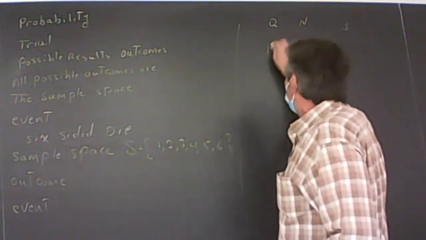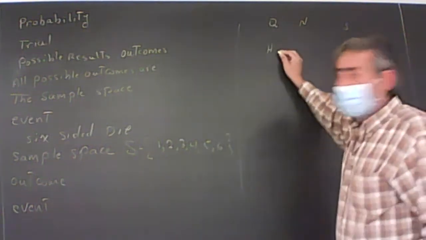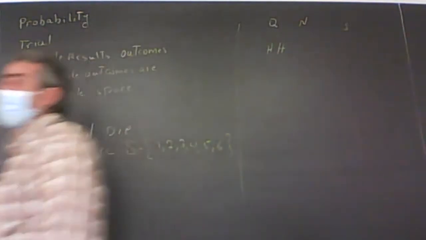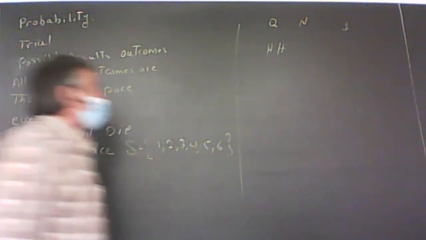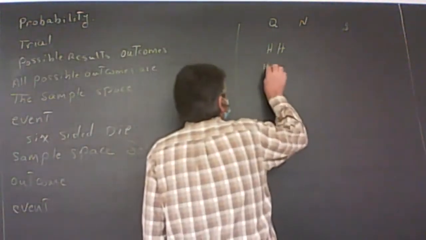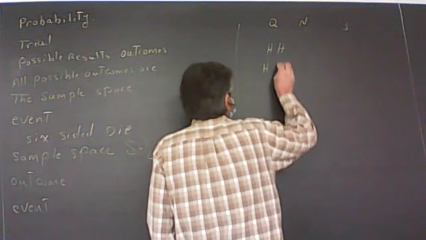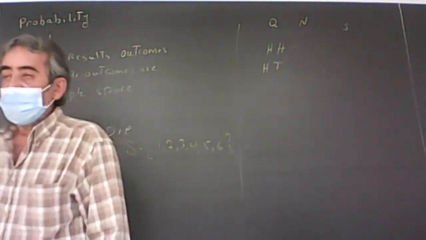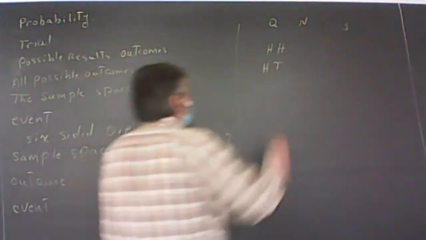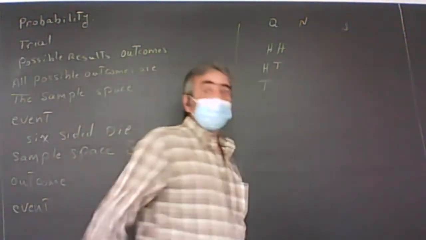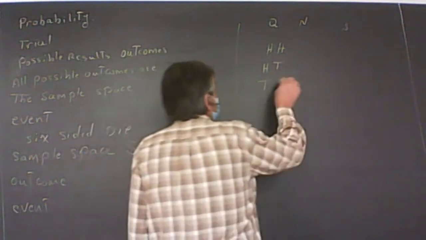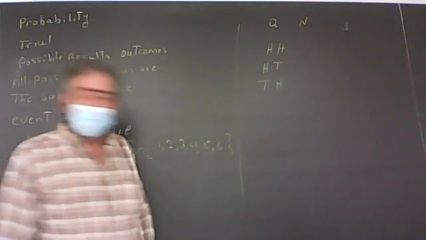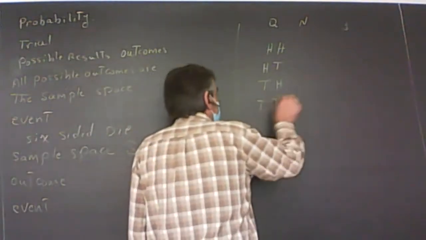Let's say you have the quarter and the nickel. The quarter could be head and the nickel could be head. That's one outcome. The other outcome could be the quarter is head but the nickel is tail. That's another outcome you could have. You could also have a tail for the quarter and a head for the nickel. And they could both be tails.